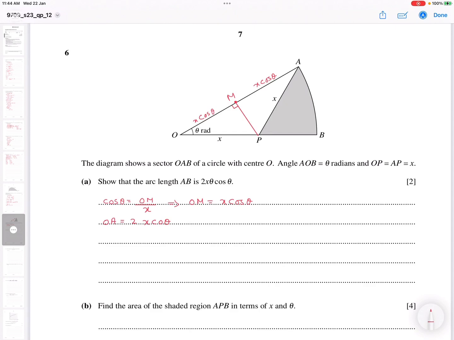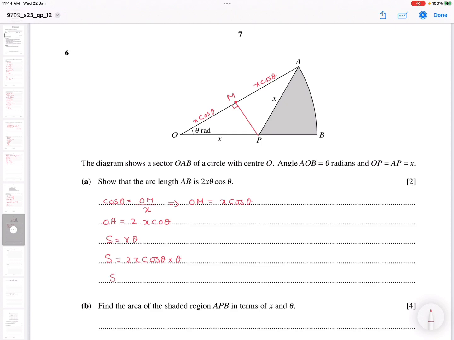So the formula for arc length is S is equal to r theta. So my S, which is arc length, r radius is my 2x cos theta, times theta is my theta.